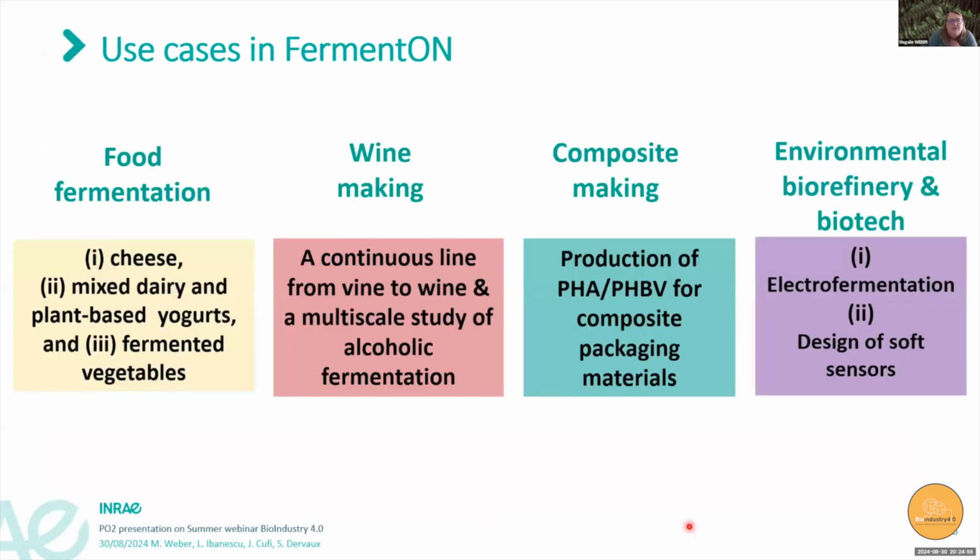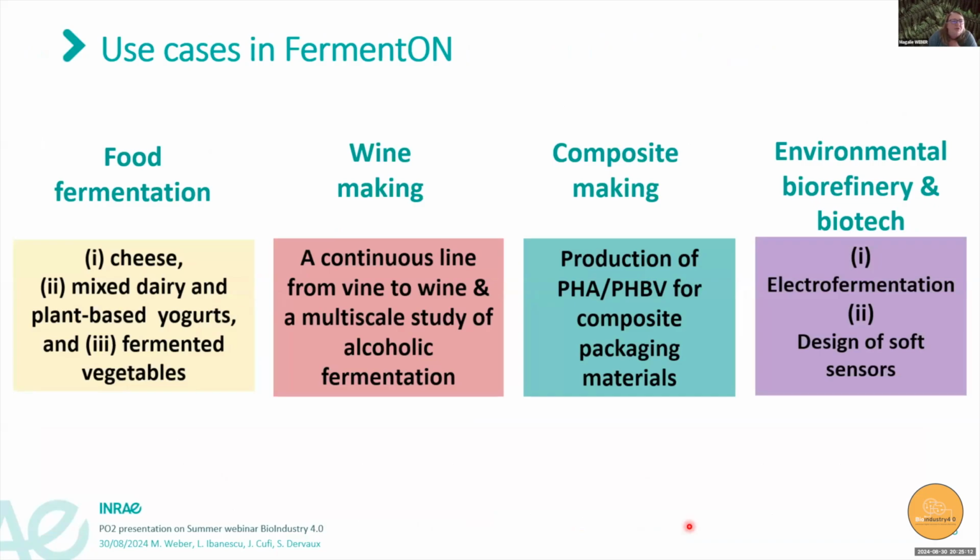And now we also have some use cases, of course, and the general aim of the project was to be able to combine different types of data, both process data and characterization data, and both for food and non-food applications.